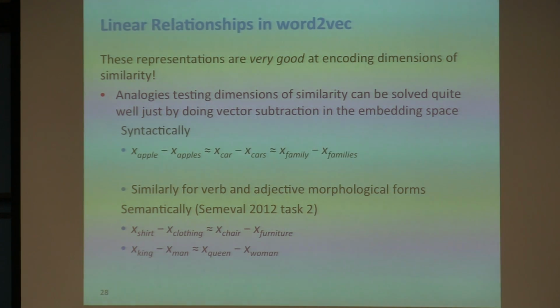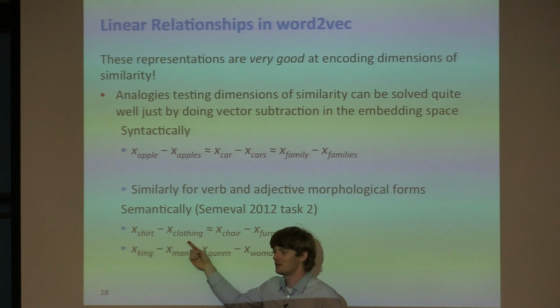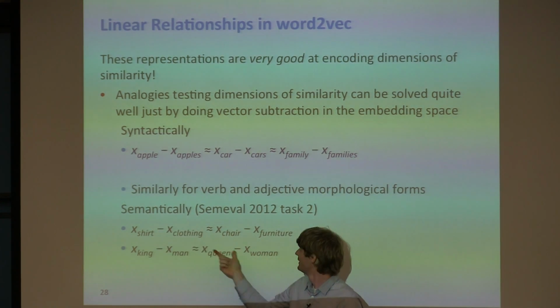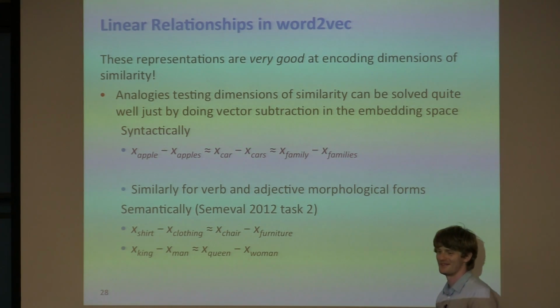And what's even cooler is, remember how I described the WordNet hierarchy, right? You basically had humans say, oh, I know that a panda eventually is an animal and a placental and whatnot. Well, it turns out some of these hypernym relationships are also captured. So if you take shirt and you subtract clothing, it's a very similar vector to when you take chair and you subtract furniture.